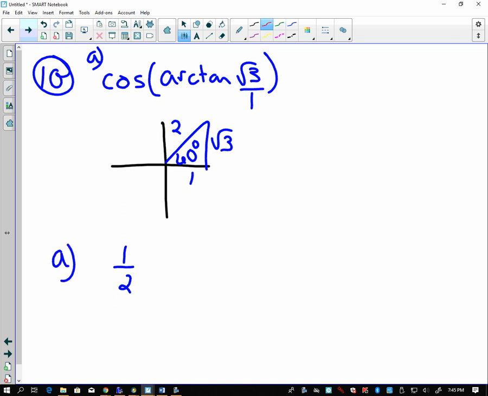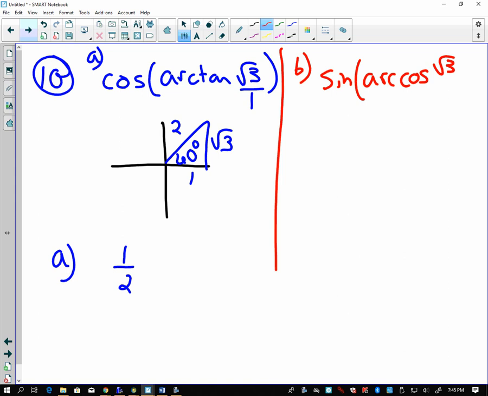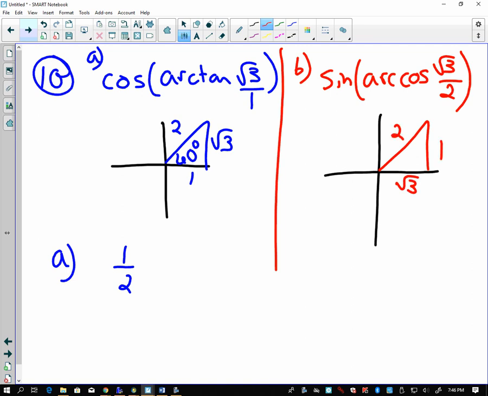Let's look at B. Sine of arccosine radical 3 over 2. Graph it. Cosine is adjacent over hypotenuse. So my adjacent is radical 3, my hypotenuse is 2, which means that must be 1, which means this is 30 degrees.